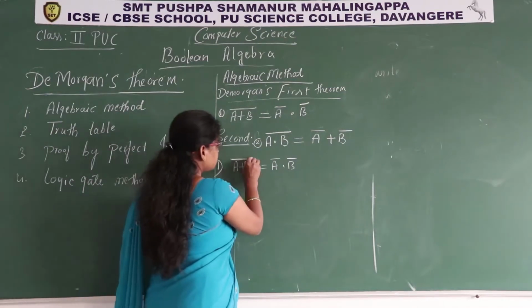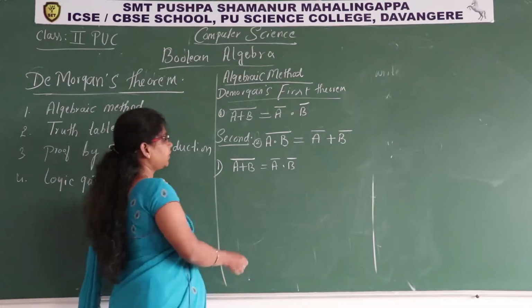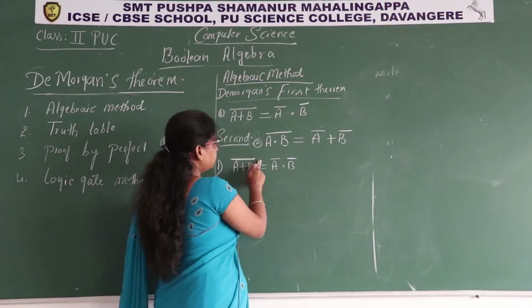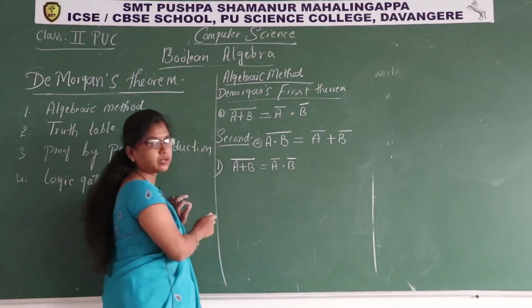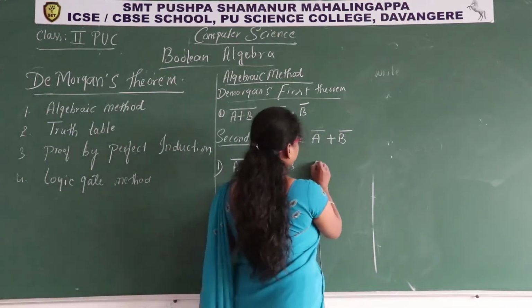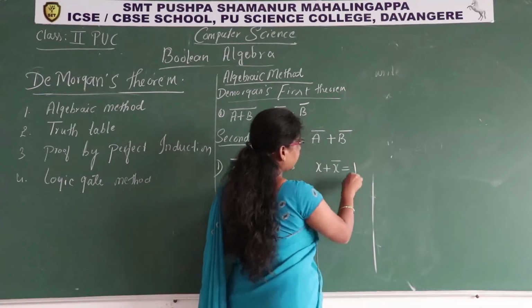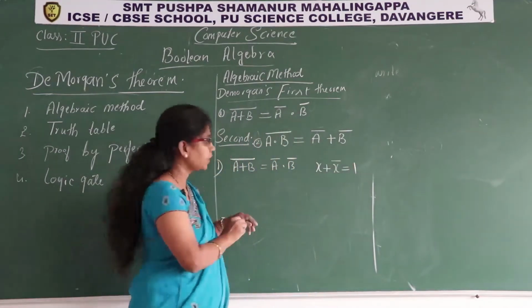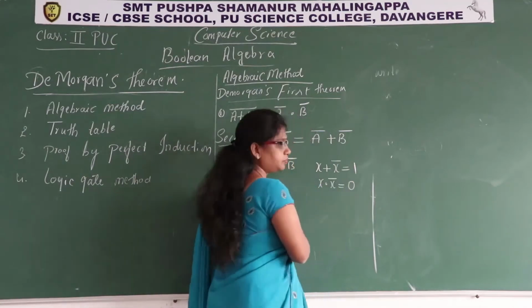See, this bar we can consider as complement. So we can say the complement of A plus B is A bar dot B bar. Now we have the complementary rule: x plus x bar is equal to 1, and x dot x bar is equal to 0.